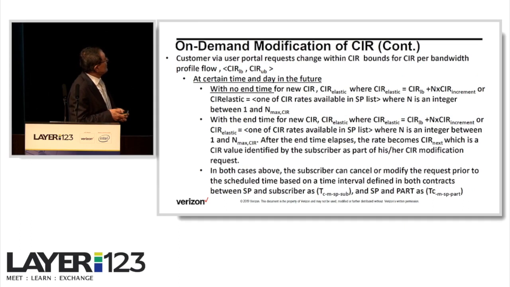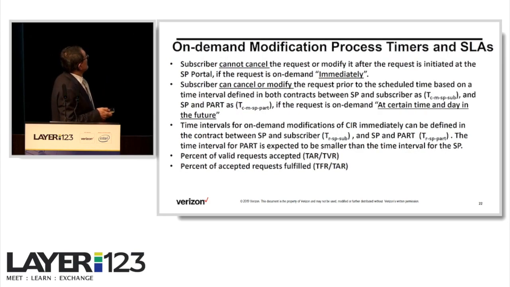Similarly, you can do the same thing for the future. You can schedule them. Of course, when you schedule the changes, it could be no end time for the schedule, or it could be for the new rate, or could be an end time. So it's really the same situation. But the difference over here is you can cancel the request, of course, within a certain time interval that has been negotiated by the service provider.